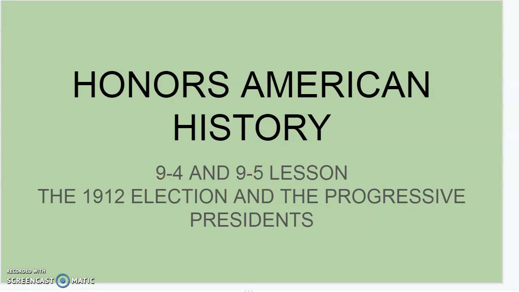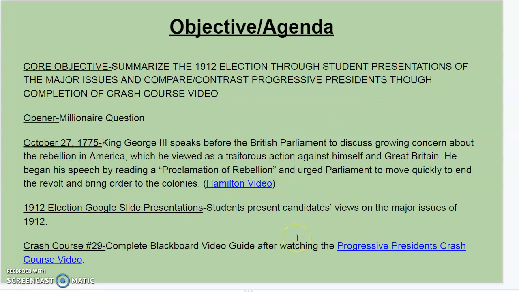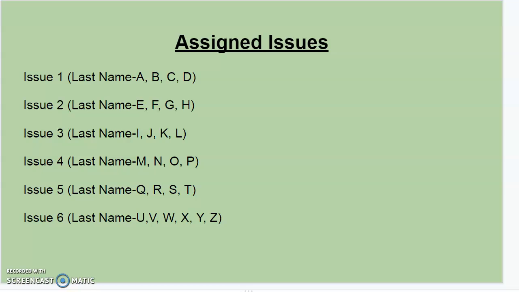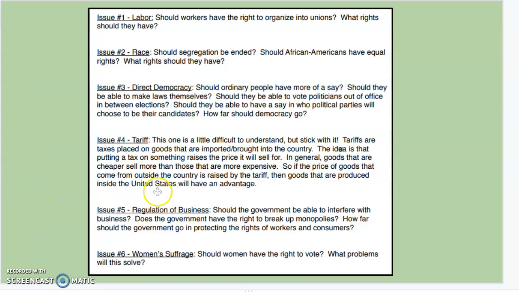Yep, we're in the right spot. Okay. So 1912 election Google slide presentation. Students present candidates' views on the major issues of 1912. I broke you guys into groups based on your last names. So check your last name. Remember your issue number. And then your issue number is here.